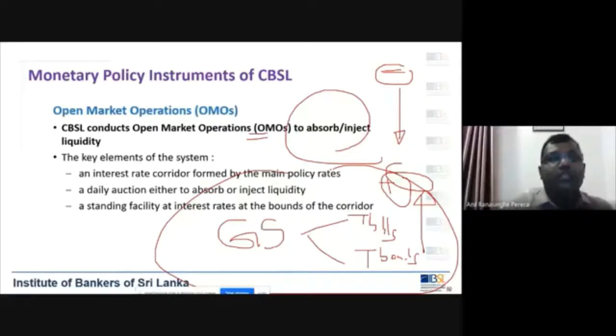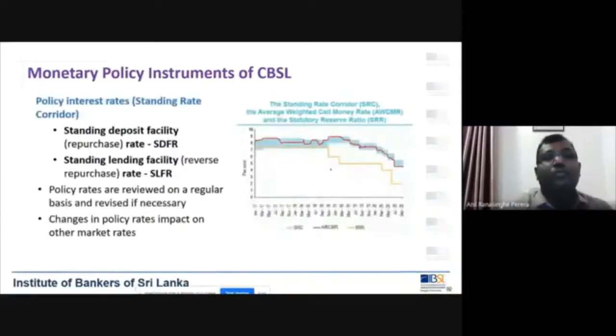What is the other instrument? Policy rates. Remember, at the beginning I mentioned there are different names used for these policy rates: central bank rates, benchmark rates, etc. In Sri Lanka, you call it the policy rates corridor or standing rate corridor. Now, if you look at this chart, the blue line is a kind of corridor.